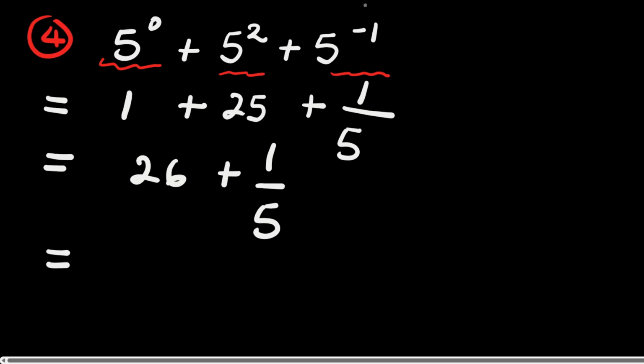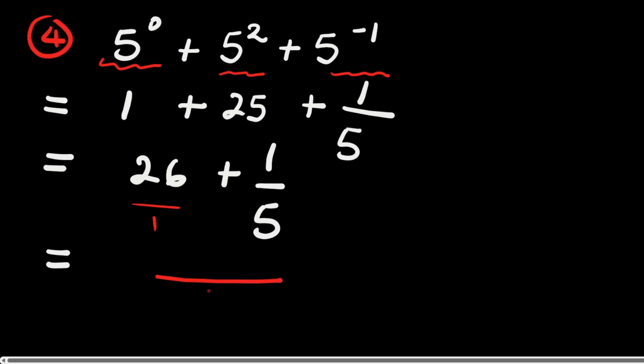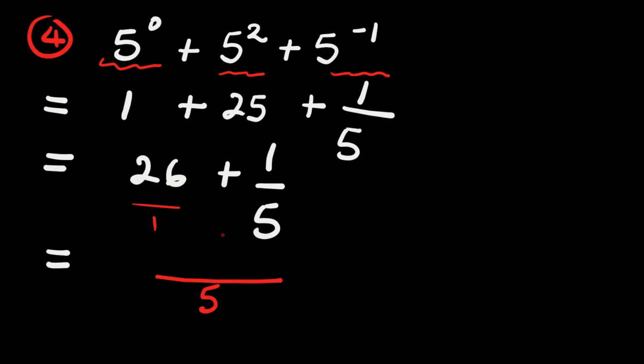So we know here we have an imaginary one or mathematical one. So we should find the highest denominator, being 5. So we multiply 5 times 1, it gives us a 5.